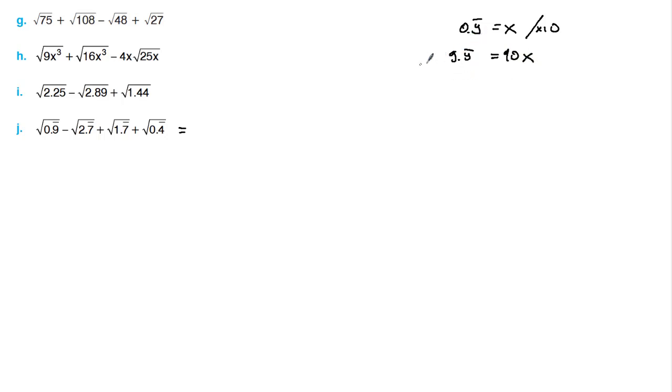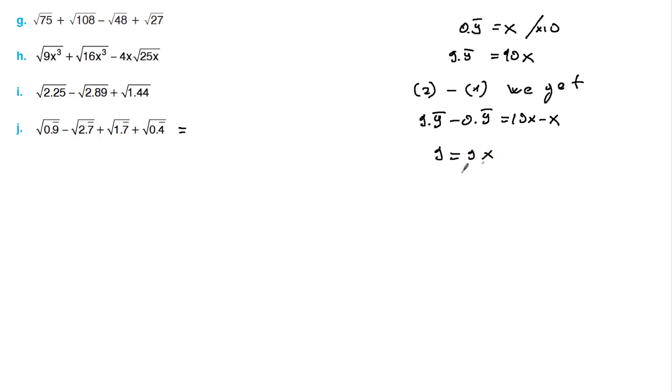And if you subtract second equation minus first equation, so this one minus this one side by side, we get 9.9 minus 0.9 equals 10x minus x. Now this is 9 is equal to 9x, so x is 1. Great.